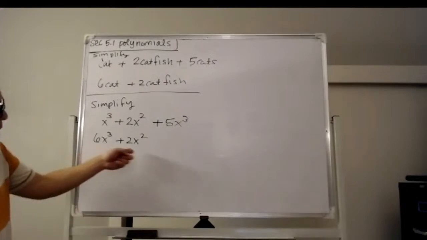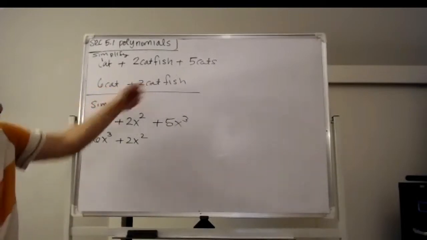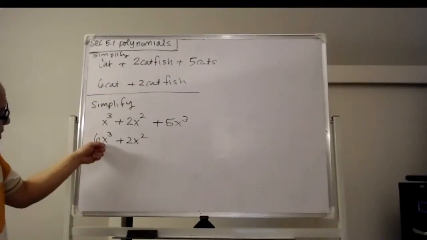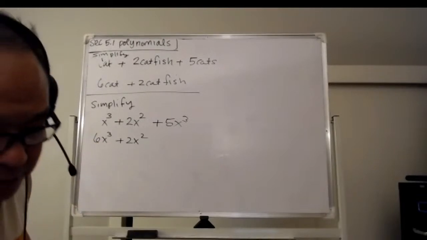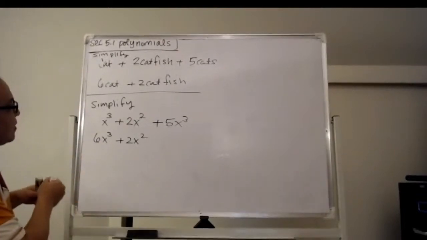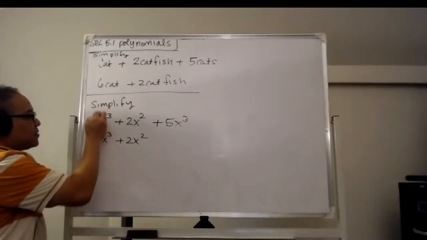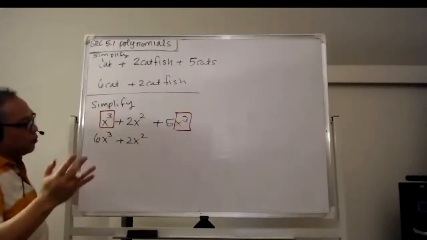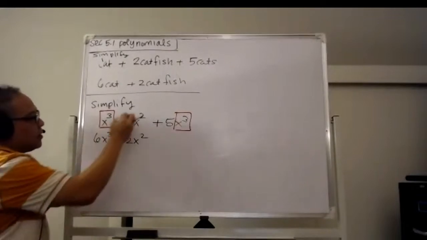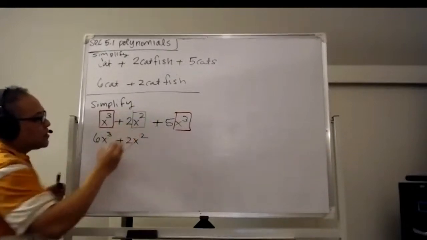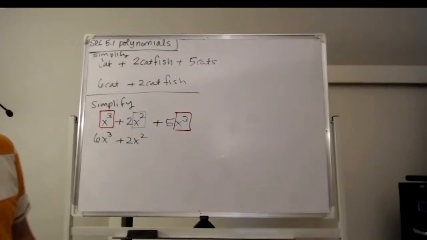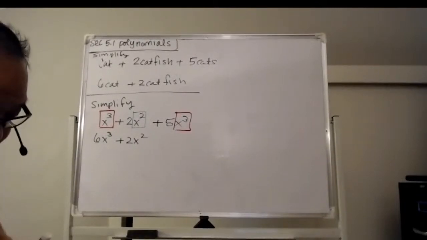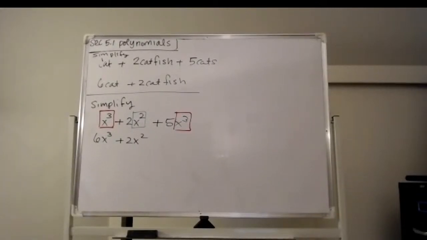Now, you can't combine these because we have a cat-catfish situation. This has to look identical. Looking like it is not good enough. So this and this are exactly the same, which is why we can add them. This right here, even though it looks similar, unless it's exactly the same, we can't combine them. Okay.